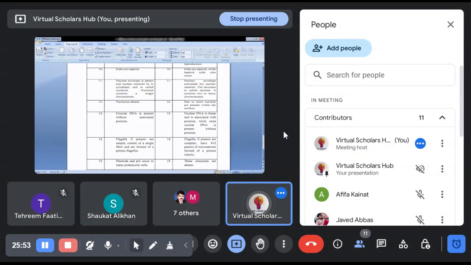Very simple. Extra nuclear DNA means DNA which is present outside the nucleus. Which organelles contain DNA other than nucleus? Please tell me.